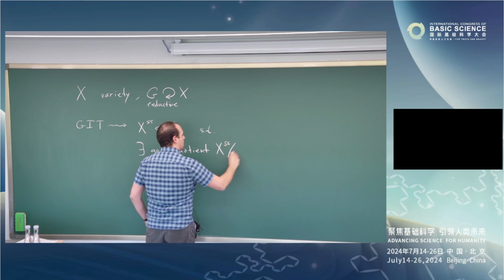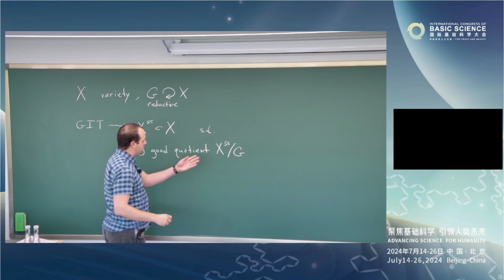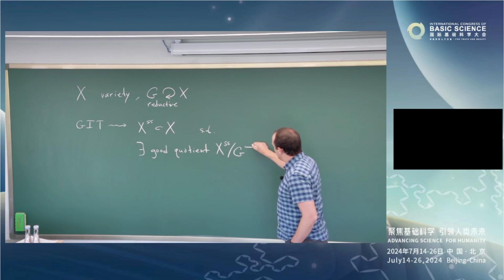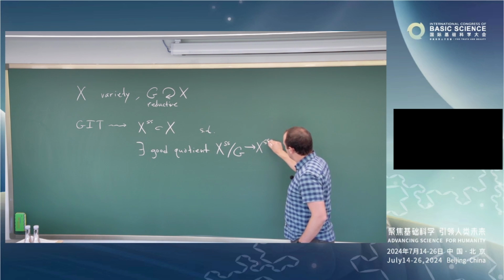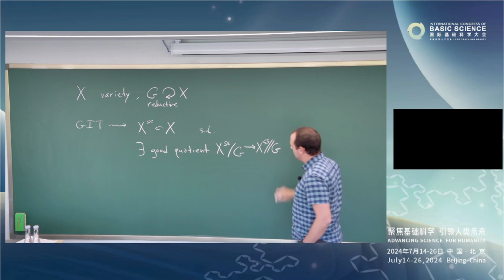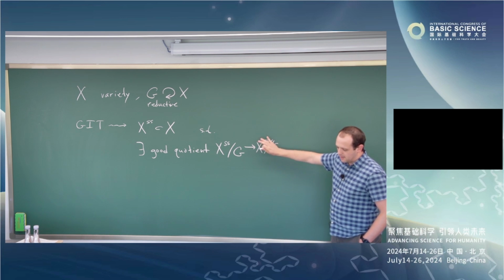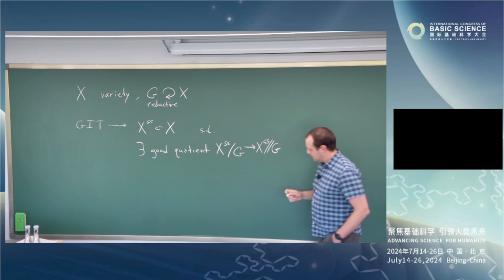For me, I always write my quotient stacks this way, and then the quotient space I'll write like this. But actually, for this talk, I'm not going to be talking about the quotient space at all.